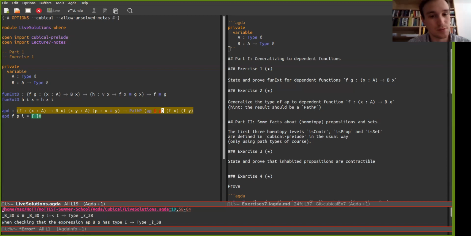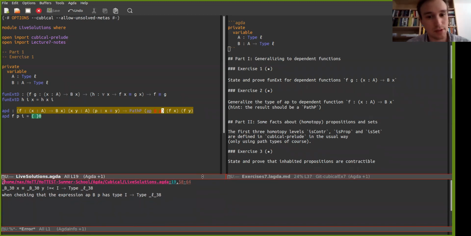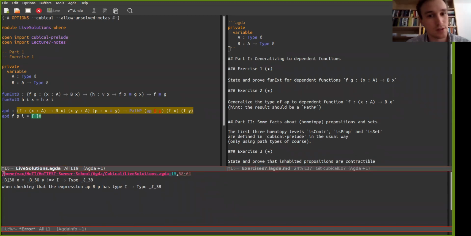If we look at the error message here, this is something of this equality type. Given that X equals Y, then B of X has to equal B of Y, right?